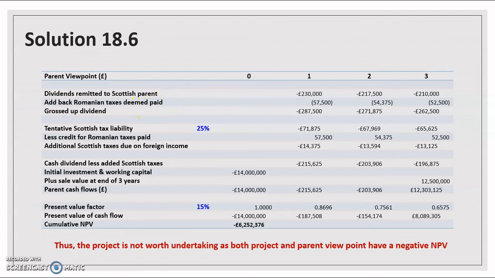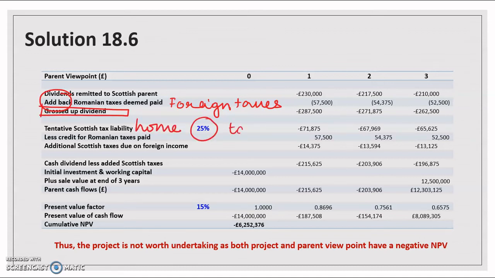Now you will have to show clear tax calculations. So you'll have to add back foreign taxes to get your grossed up dividend. Then take away your home market tax. Then you take away the foreign taxes paid in order to find the difference.